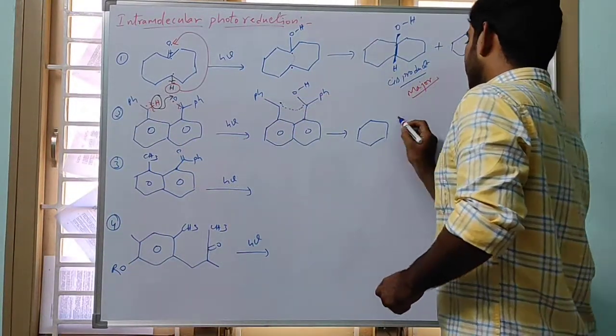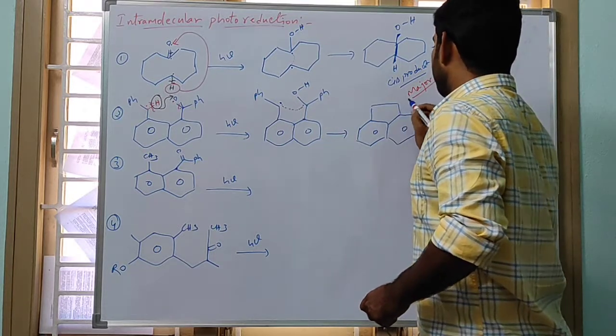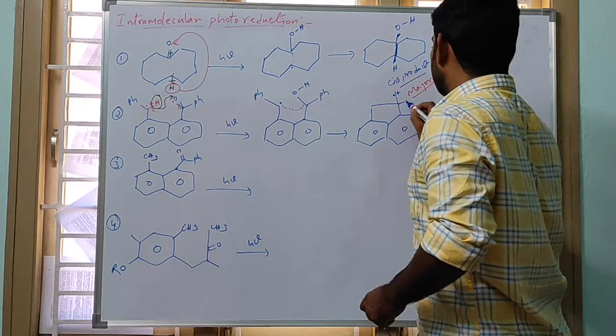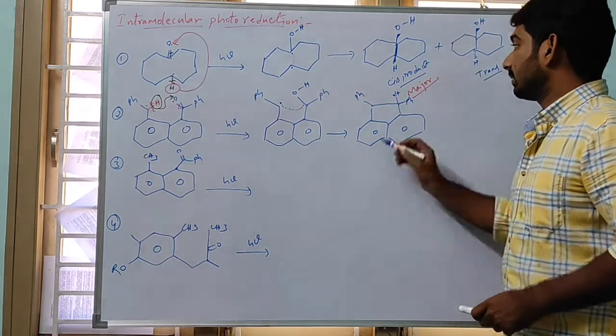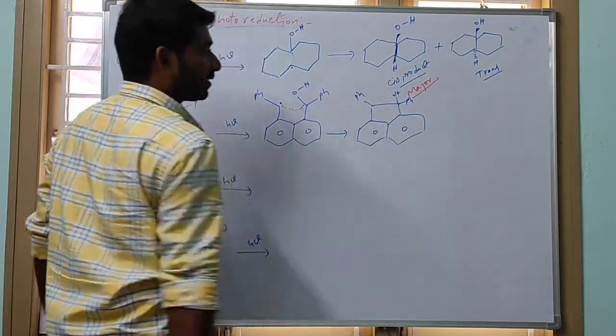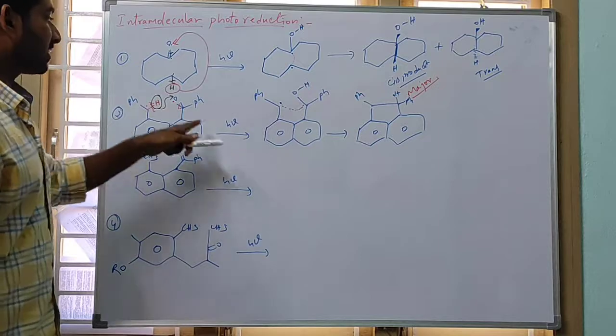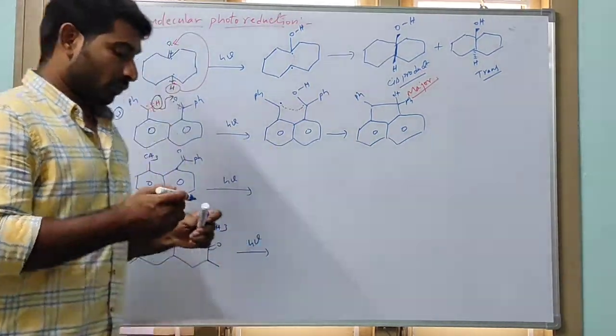This radical and this radical combining, OH, CH and PH. Cyclization. Here also, see, initially carbonyl group is there. Carbonyl group is converted to alcohol. Within the molecule, photoreduction is happened or not? That's why it is an example for the intramolecular photoreduction.